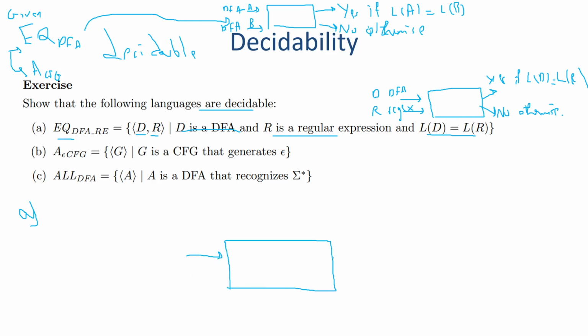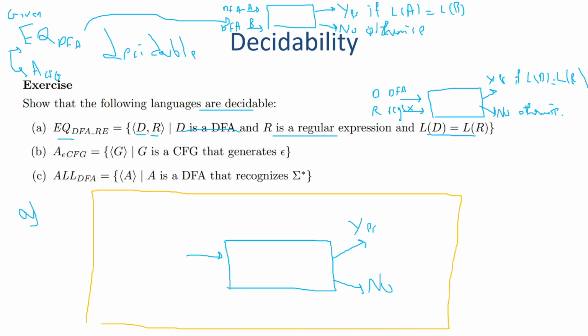It's going to give you an output of either yes or no. So that's the machine in the middle. And outside, you want to build a bigger machine that'll also take some input, and it's also going to say either yes or no.